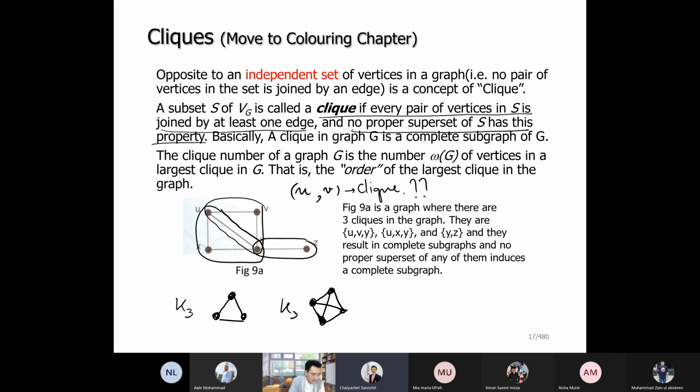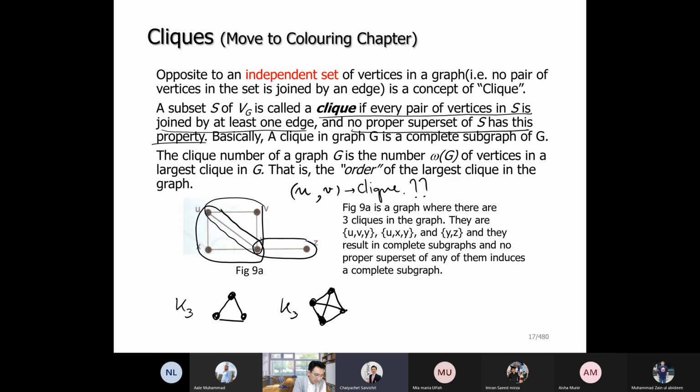So it means that if we can find a bigger number of vertices that could form a clique, UV will not be a clique itself, because UV is a clique of order 2, right? But we have U, V, and Y that contains U and V as well. So U, V, and Y is a clique of size 3. That's bigger than UV itself. UV is only 2, right?